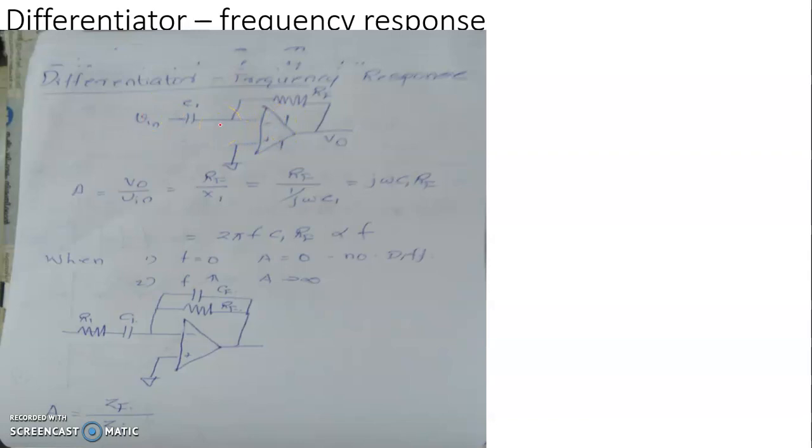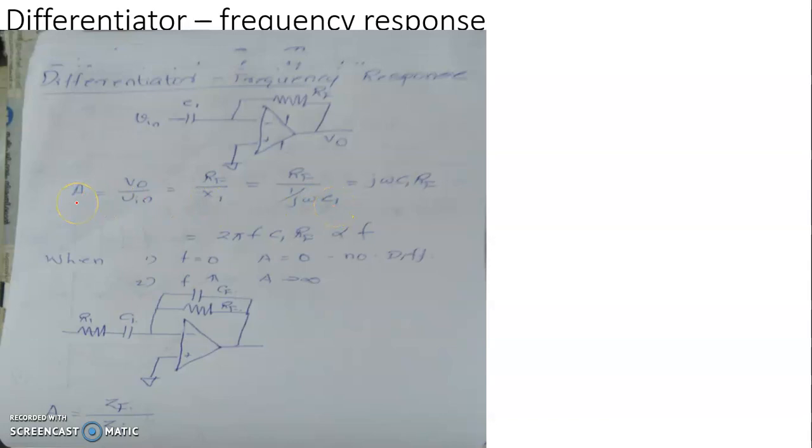This configuration being a basic inverting amplifier configuration, the closed loop gain of the differentiator Vo by Vin will be equal to the resistance in the feedback path RF, which is purely ohmic, divided by the reactance offered by the capacitor in the input, which is purely capacitive, represented as say X1, where X1 is equal to 1 by j omega C1.